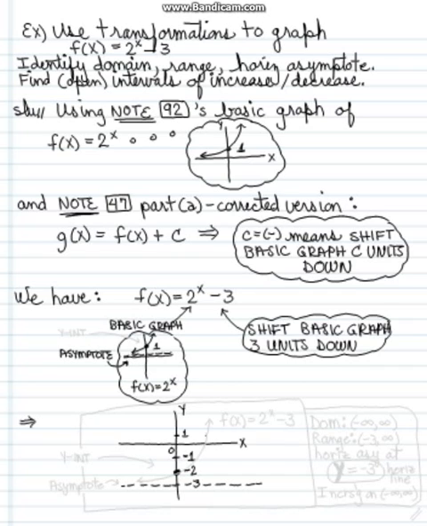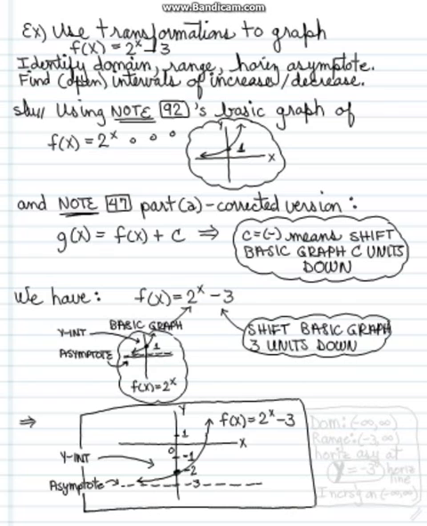The original asymptote was at the location y equals 0, and the original y-intercept was (0, 1). Now the asymptote is located at y equals negative 3, and the y-intercept's at (0, negative 2). So here's our picture shifted down 3 units. It was really easy just to shift the original picture down.